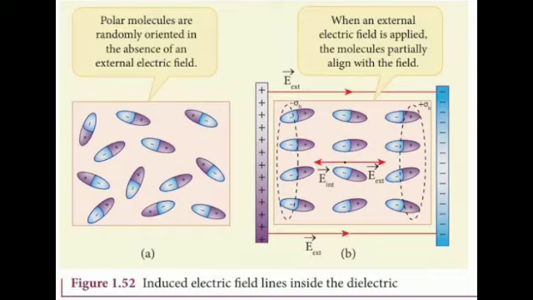When an external electric field is applied on a conductor, the charges are aligned in such a way that an internal electric field is created, which cancels the external electric field. But in the case of a dielectric, which has no free electrons, the external electric field only realigns the charges so that an internal electric field is produced.